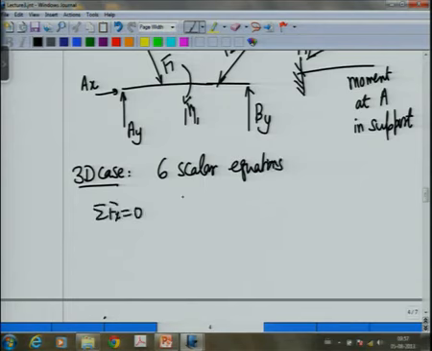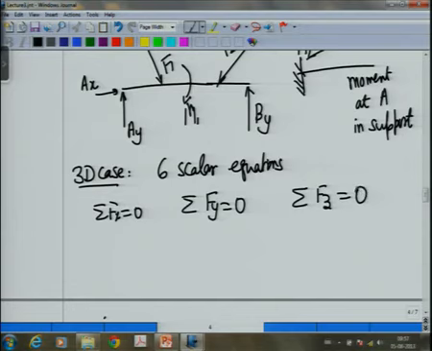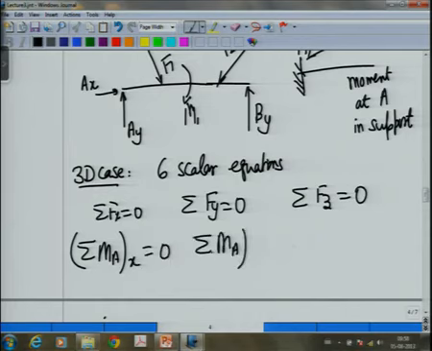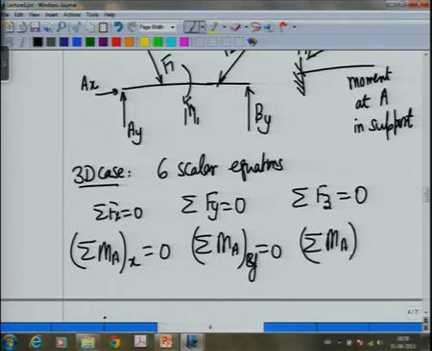Sigma Fx is equal to 0, sigma Fy is equal to 0, and sigma Fz is equal to 0, and the x, y and z components of moments about any one point are equal to 0.